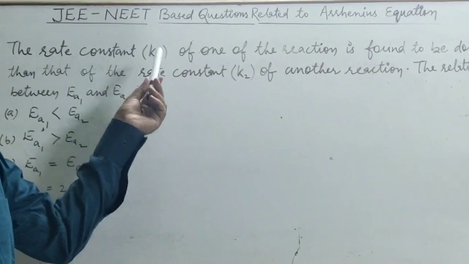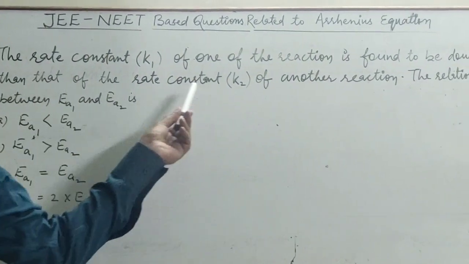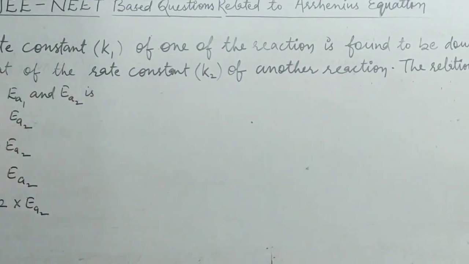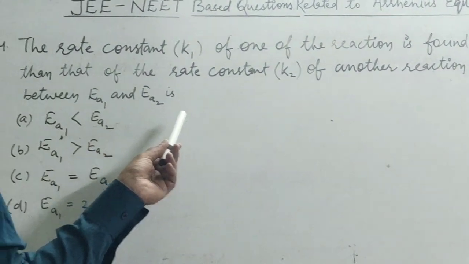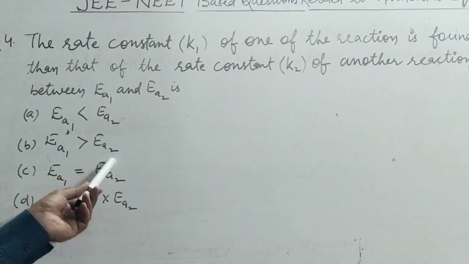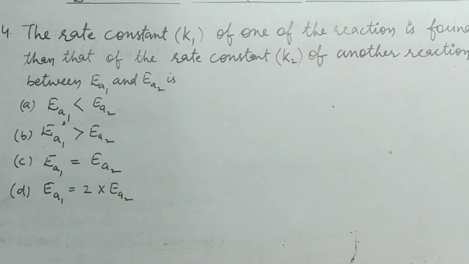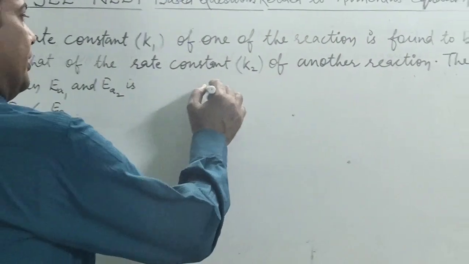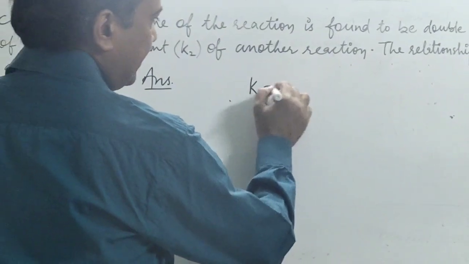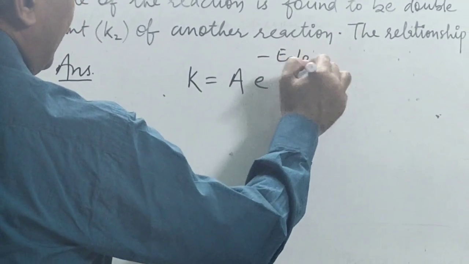The rate constant K1 of one reaction is found to be double that of the rate constant of another reaction, K2. The relationship between Ea1 and Ea2 is: Ea1 less than Ea2, Ea1 greater than Ea2, Ea1 is equal to Ea2, Ea1 is equal to 2 into Ea2. To solve this question, we know the Arrhenius equation is given as K is equal to A into e raised to power minus Ea upon RT.